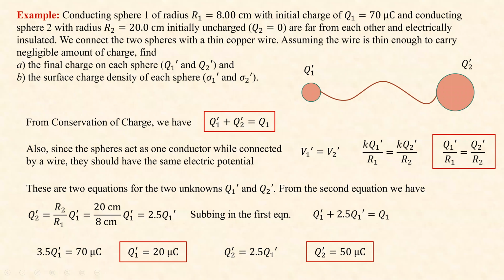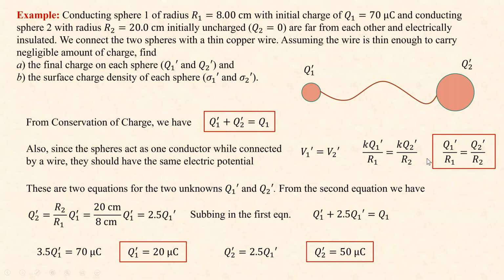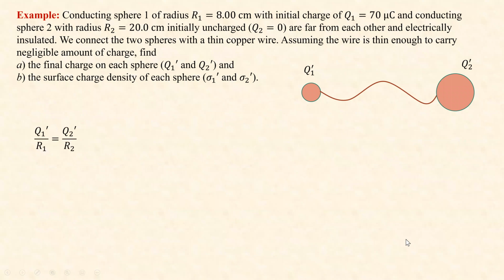All right, so what is the surface charge density of each sphere? So let's do that one. So we use this equation: Q1 prime over R1 equals Q2 prime over R2. But we want to find sigma 1 and sigma 2. Sigma 1 prime means the new sigma over the sphere 1. What is the surface charge density?